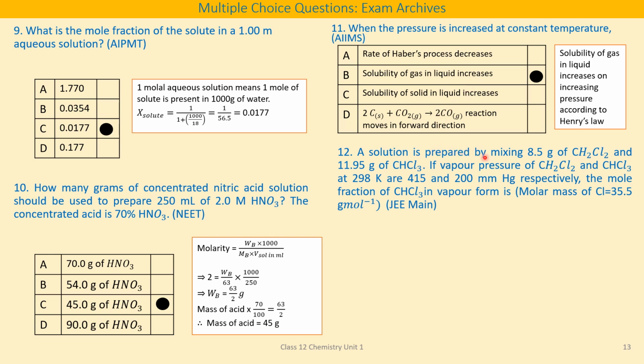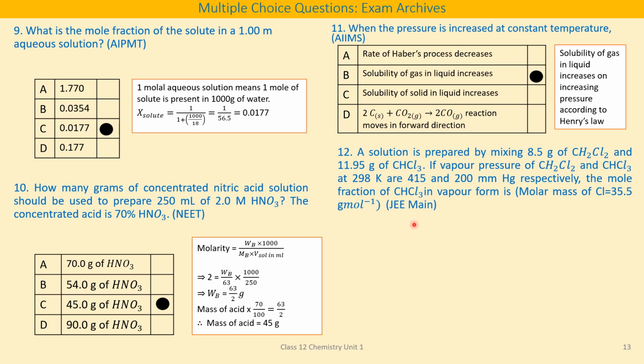A solution is prepared by mixing 8.5 grams of CH2Cl2 and 11.95 grams of CHCl3. If the vapor pressures of CH2Cl2 and CHCl3 at 298 Kelvin are 415 mm and 200 mm mercury respectively, the mole fraction of CHCl3 in vapor form is, given the molar mass of Cl as 35.5 grams per mole.